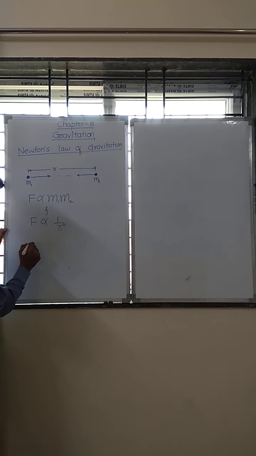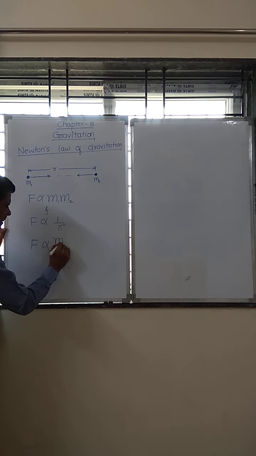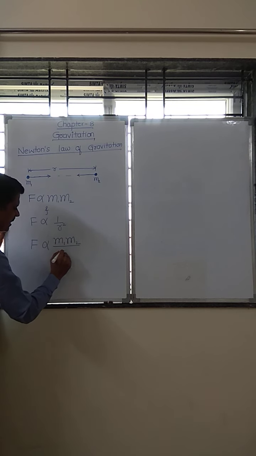If you combine these two, I can say F is proportional to M1 M2 by R square.